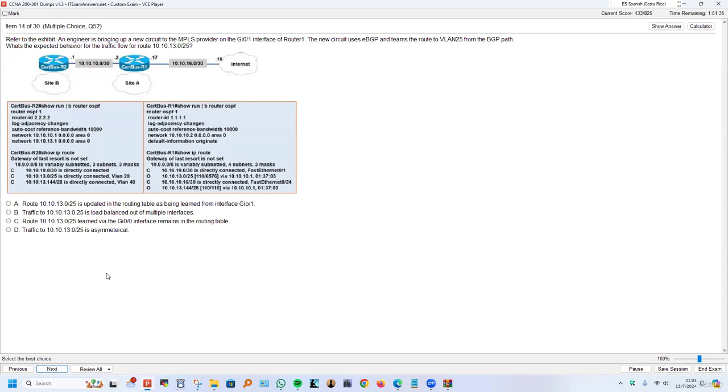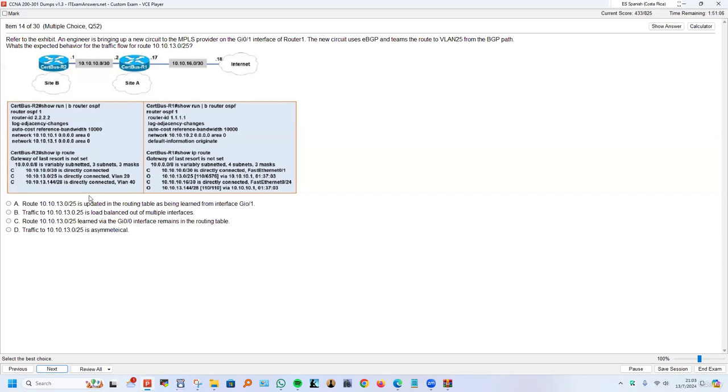What's the expected behavior of the traffic for the route 10.10.13.0/25? And basically it will not change until we remove the OSPF route. That is one of the ones I knew, but looks like this one is a little bit different. So the route will be learned via gigabit 0/0. It remains in the routing table.